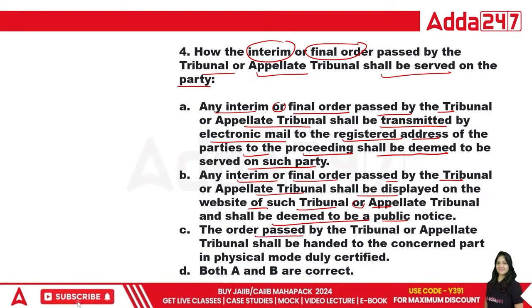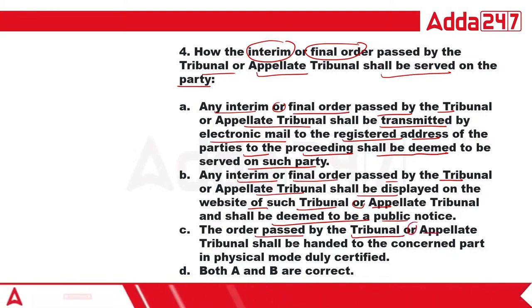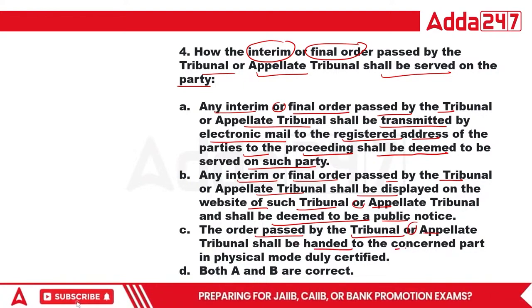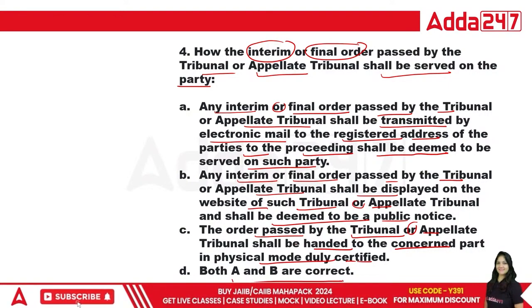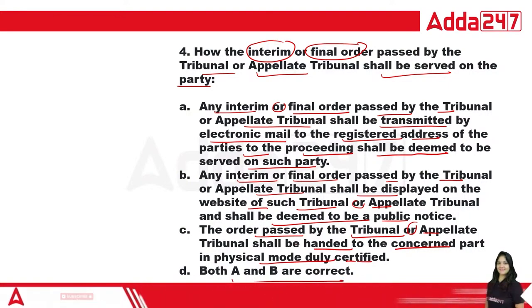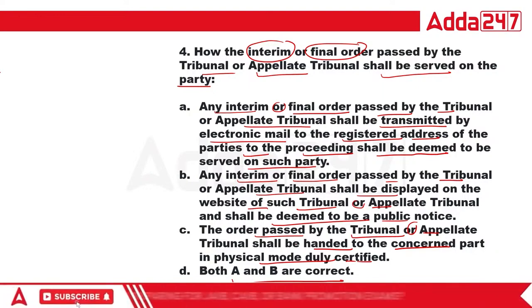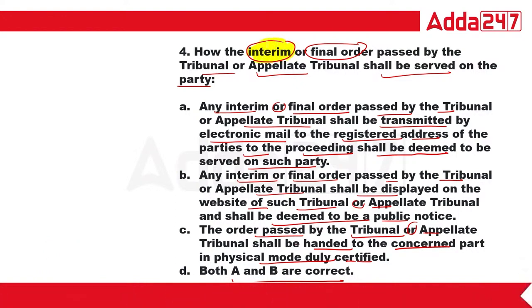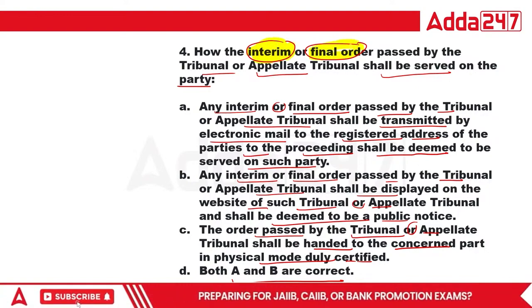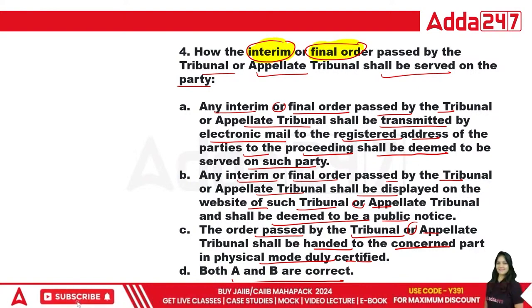The order shall be handed to the concerned party in physical mode duly certified. Both A and B are correct. So which of the following is the correct one? Interim means compensation, and the final order is the last order. That is called the final order.